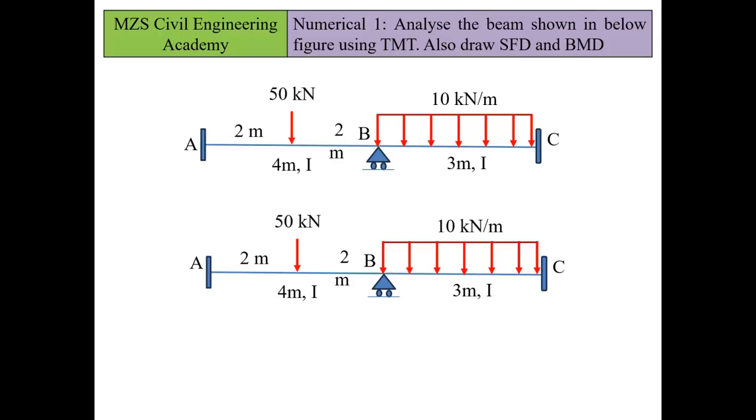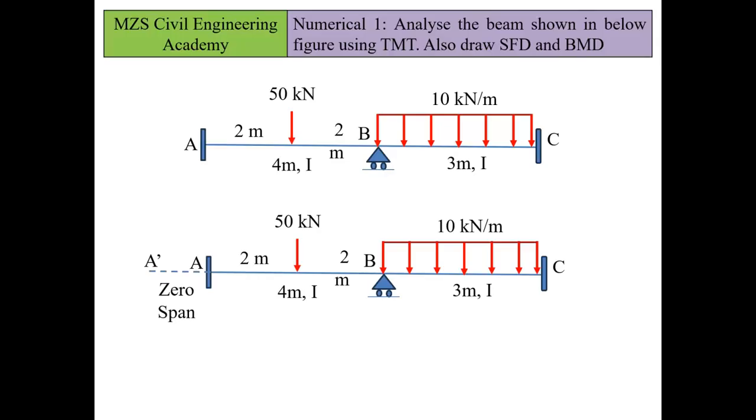Since the ends A and C are fixed, it is very difficult for us to apply Clapeyron's theorem directly. To make it admissible, we have to consider an additional span known as a zero span, where we nullify the effects of rigidity at the point A, by assuming an additional zero span located at A dash beyond the fixed end A.